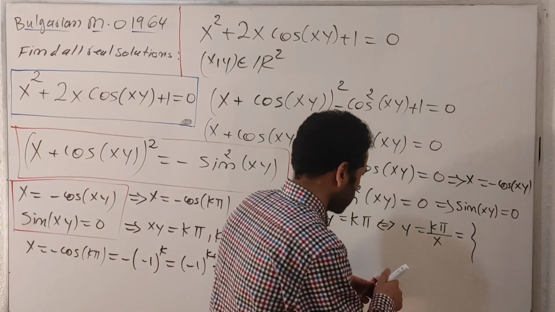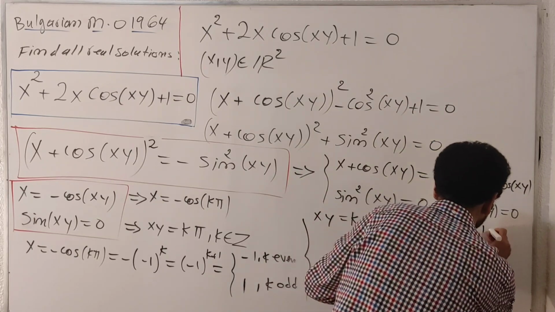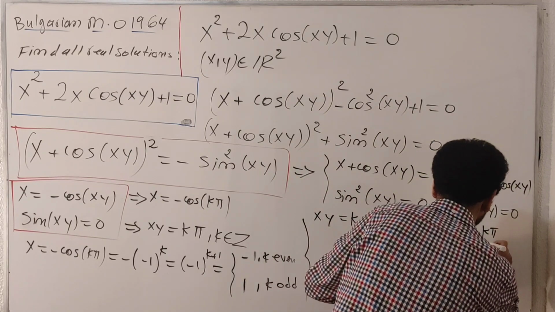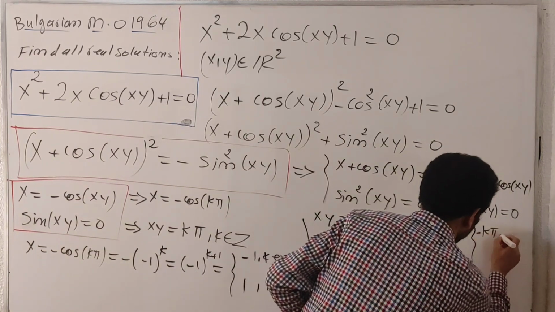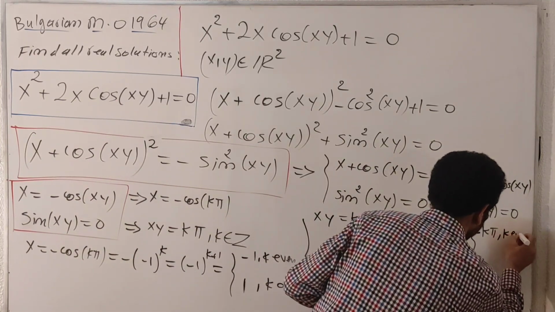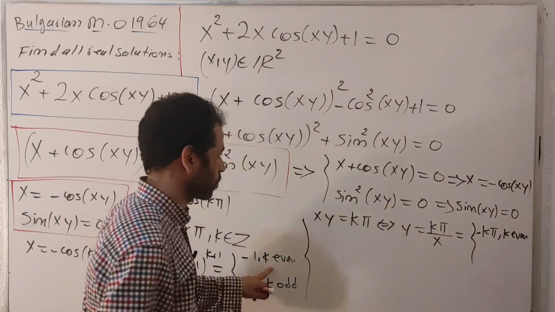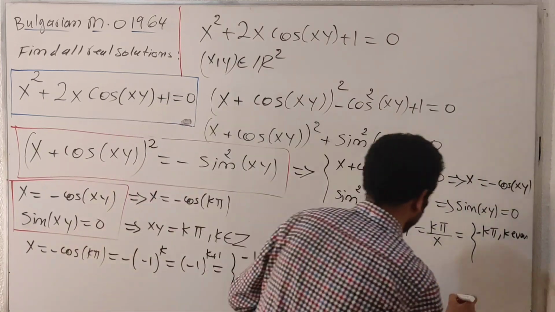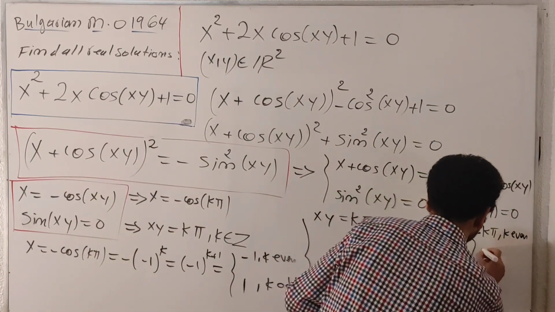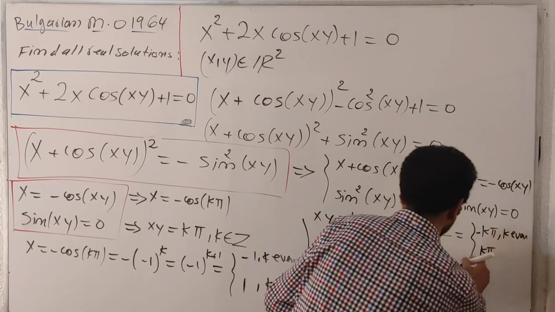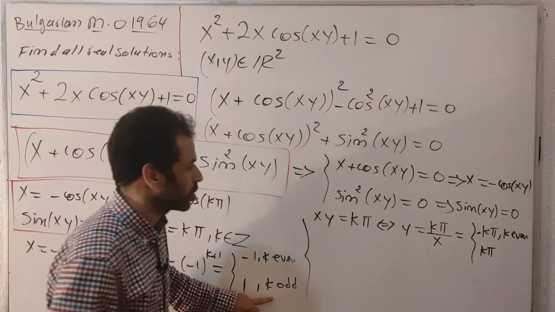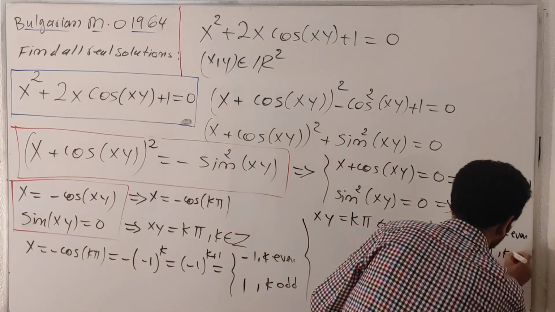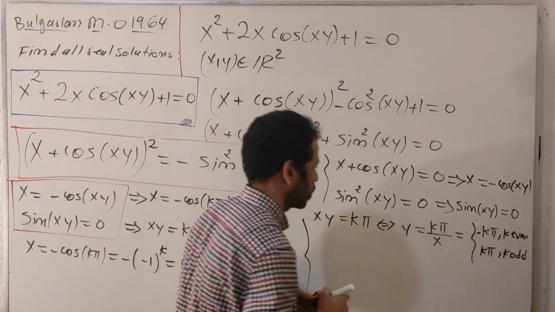That means I will have y equals k pi over minus 1, which is minus k pi, when k is even. Then when x is replaced with number 1, we found y equals k pi, when k is odd.